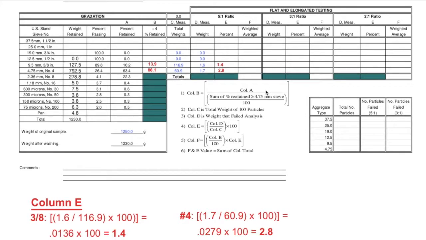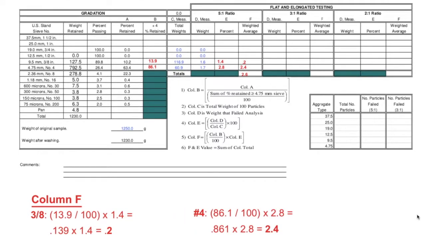So for our 3/8 sieve, it's going to be 1.6 divided by 116.9 times 100, which yields us a 1.4. For our number 4 sieve, column D, 1.7 divided by 60.9 times 100 yields us a 2.8.